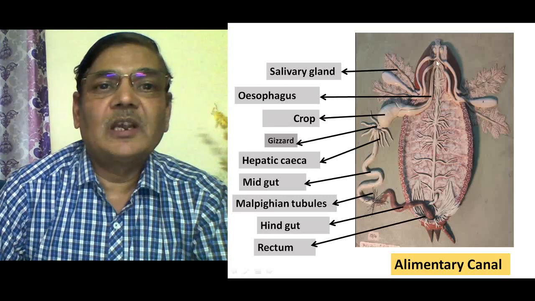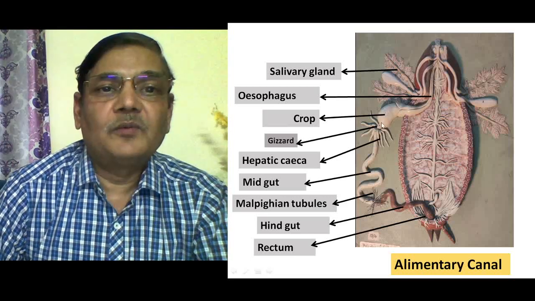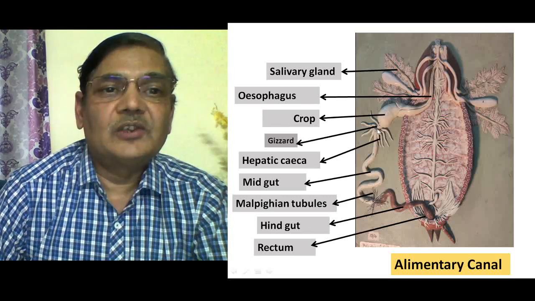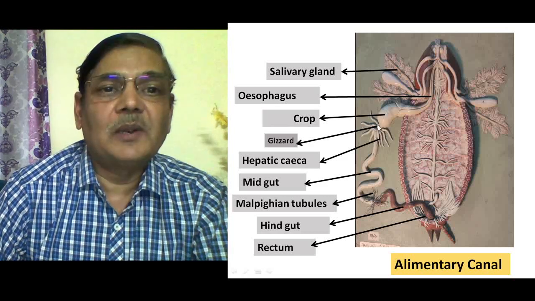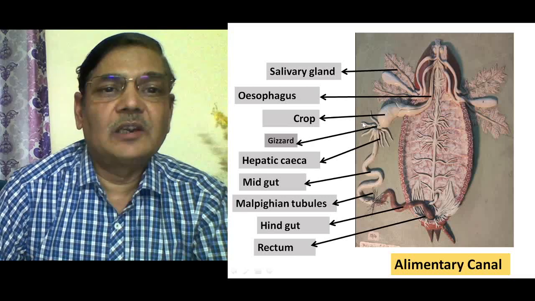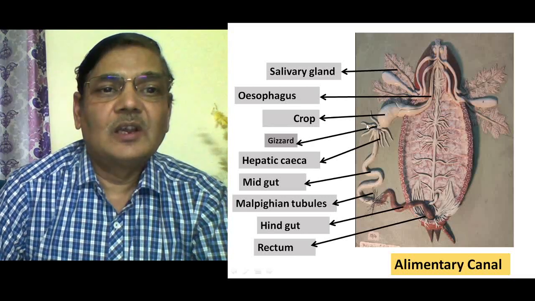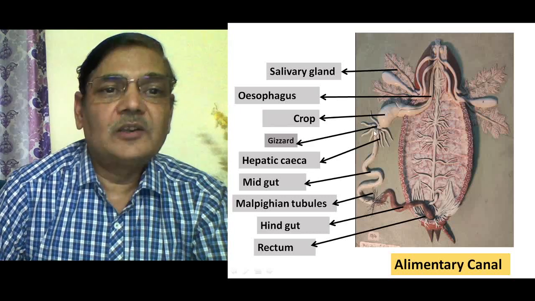So mainly carbohydrate digesting enzymes are present in the salivary secretions, and when food reaches the gizzard and further, then the secretions coming from hepatic ceca also help in digestion. Mainly the protein content, carbohydrate, and lipid. So you can say that lipases, carbohydrases, and proteases are there, which are coming from the hepatic ceca.